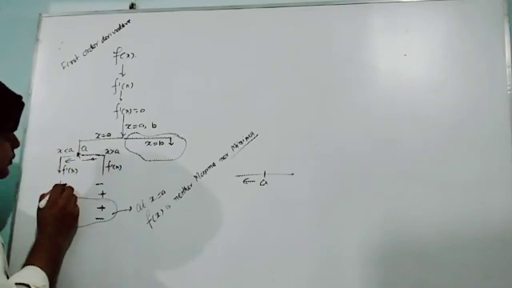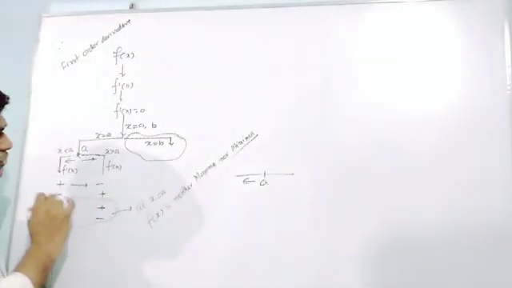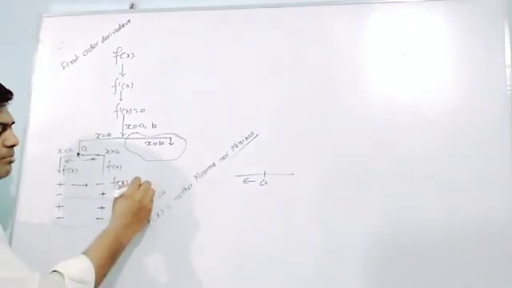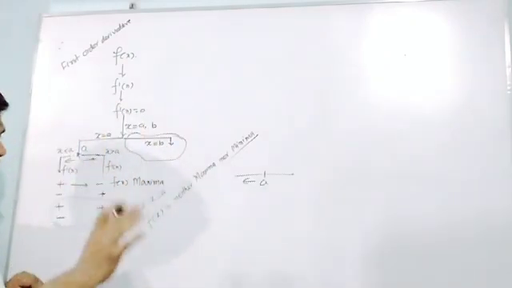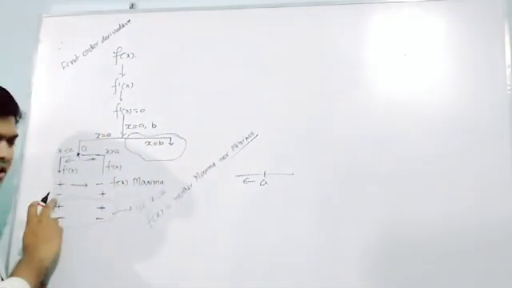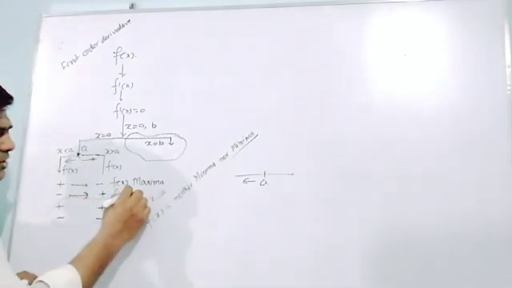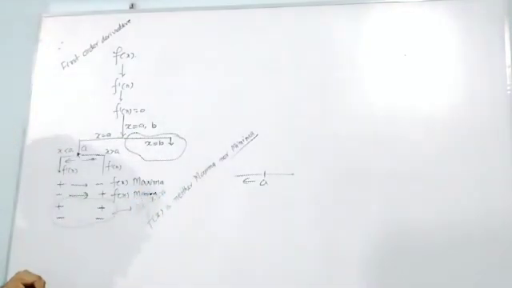If the change is going from positive to negative, moving from positive to negative, I can say f(x) is maxima at x is equal to a. If it is changing from negative to positive, I can say f(x) is minima.